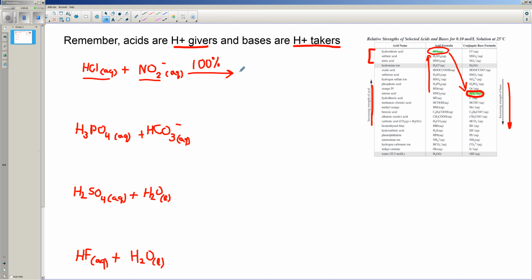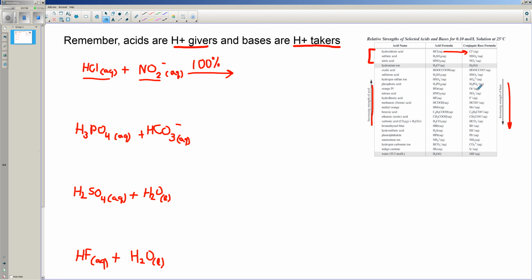So how does that work? Well, remember what we said earlier about the acid and base on the table. The difference between an acid and its conjugate base is quite simply that the conjugate base is missing its hydrogen.